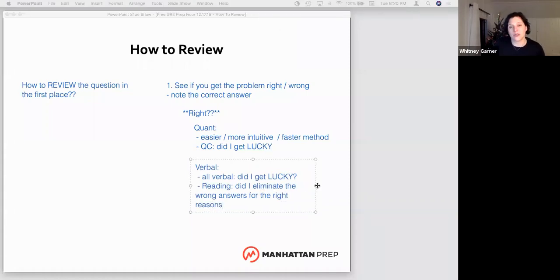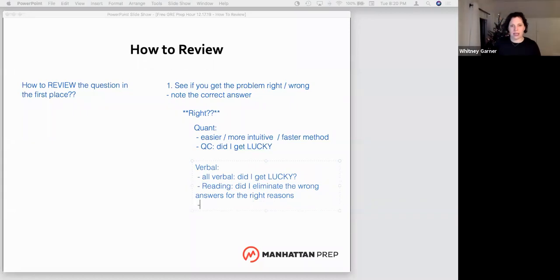Or did I say that it was wrong for this reason, but it wasn't actually wrong for that reason? I sort of misinterpreted it. So what I'm trying to do is, was my logic on point? How solid was my logic?